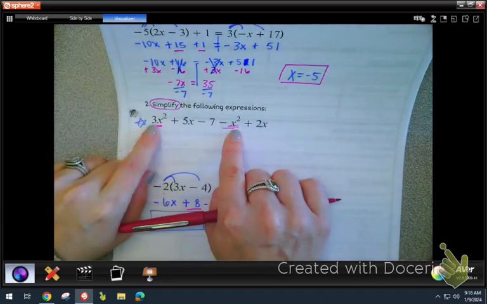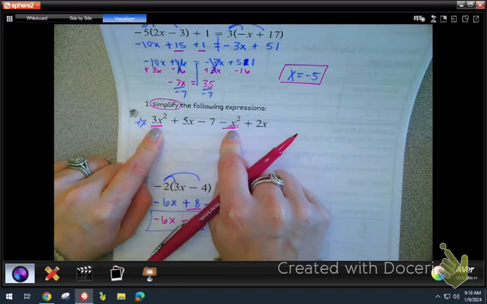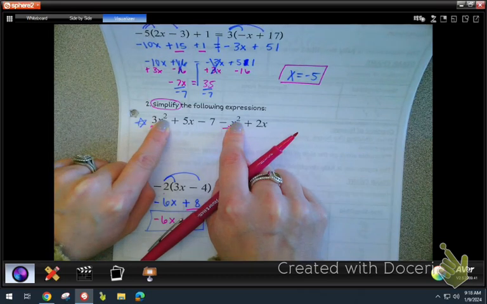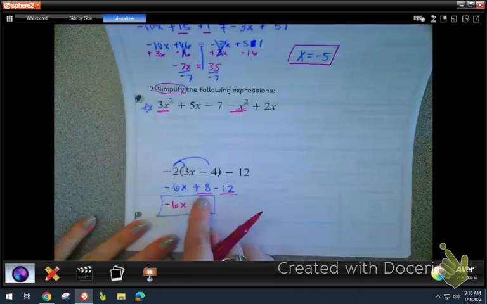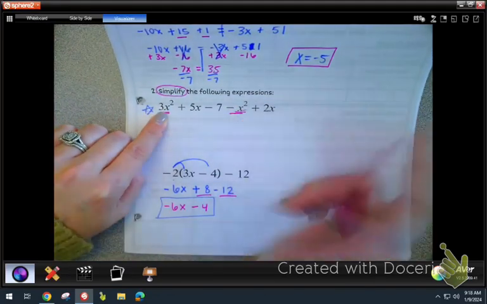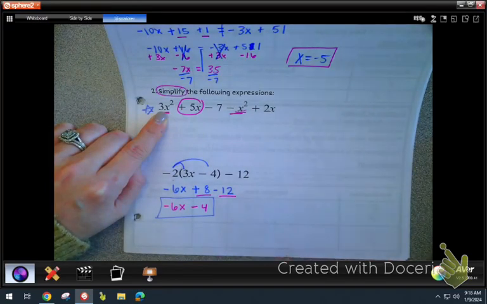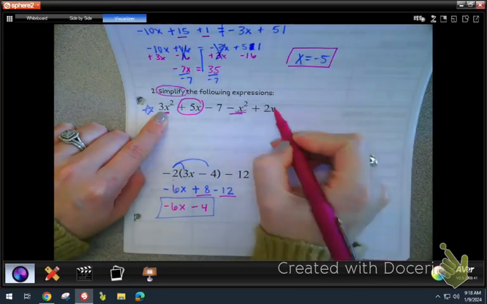But do you see how I underlined the 3x squared and then the negative x squared? Why do you think I underlined those two? What do they both have? X what? Squared. Okay, so just like how we said, these are just two plain numbers. Those are like terms. These guys are like terms. And then I have a 5x. What's another like term to an x? Just a plain x. And a 2x.